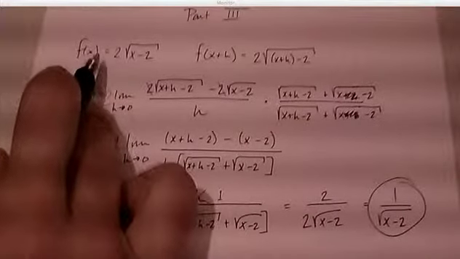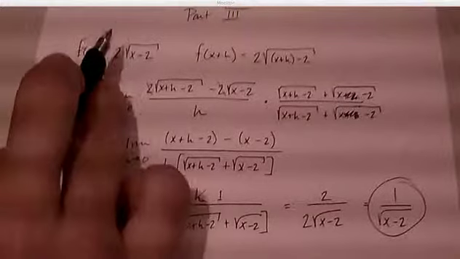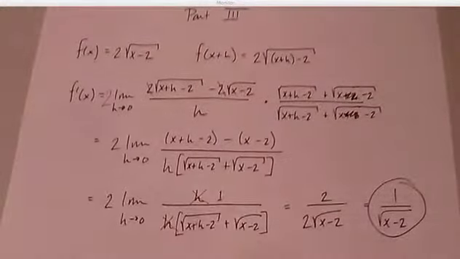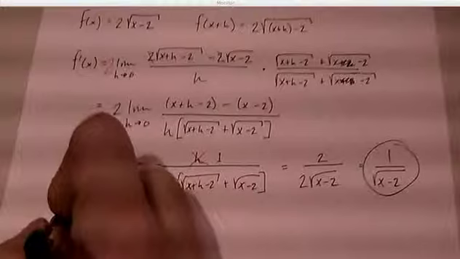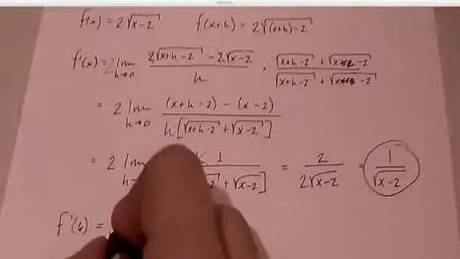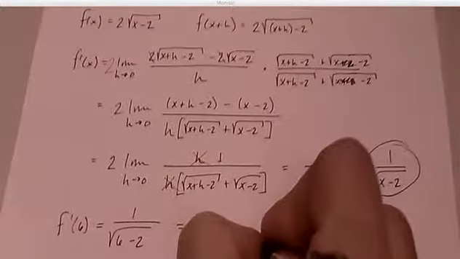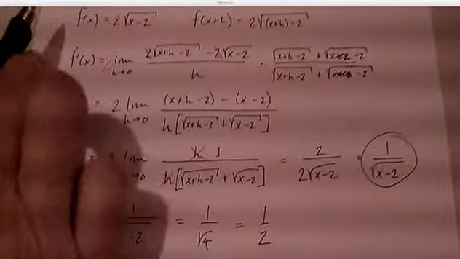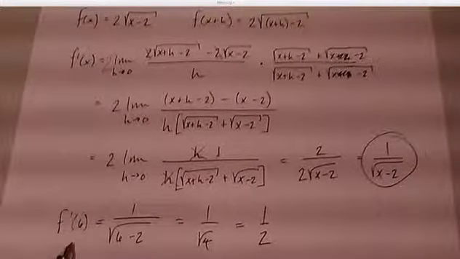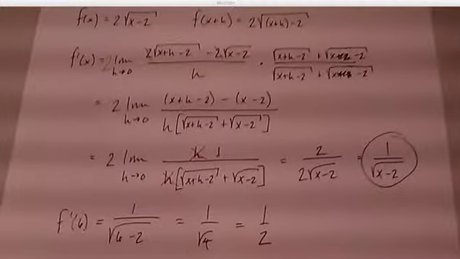So if I wanted to know the slope of this function at 6, okay, I could actually say, well, the slope function evaluated at 6 is 1 over root 6 minus 2, or 1 over root 4, which is 1/2. The slope of this function at 6 is the derivative function evaluated at that particular value.